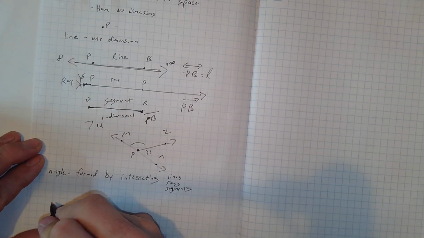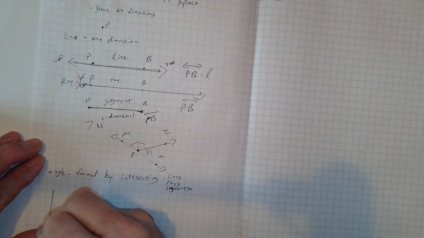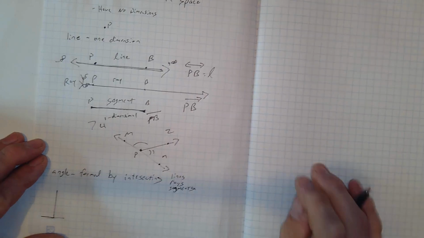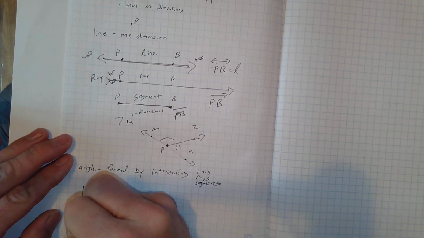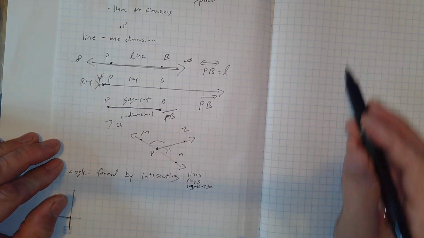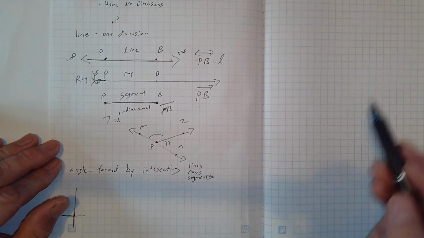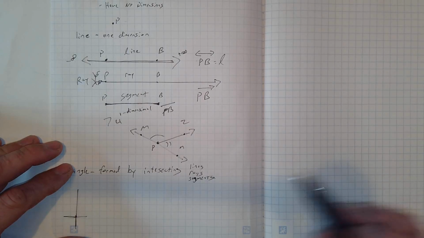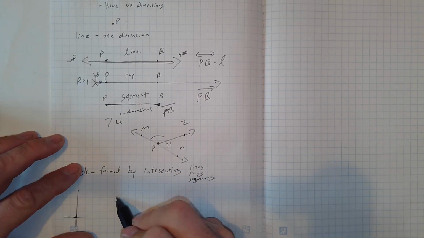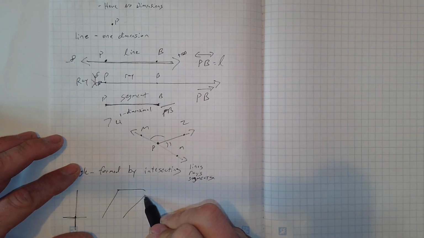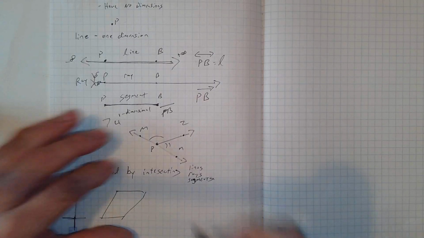Now we have a plane, and it has a length and a width. Planes go on forever. If it has a bunch of squares on it, and I can pull up coordinates, that's called a coordinate plane, and you probably should be pretty familiar with that. But a plane is generally shown like something like that.